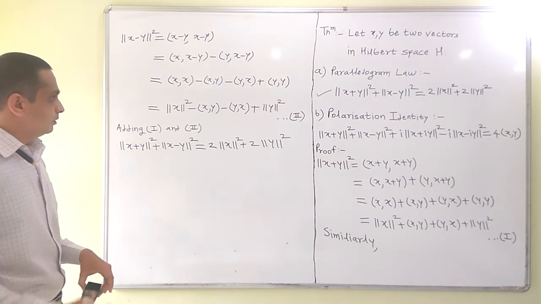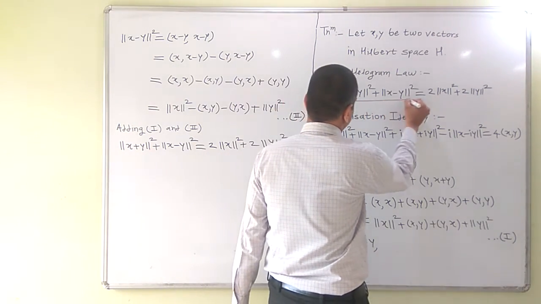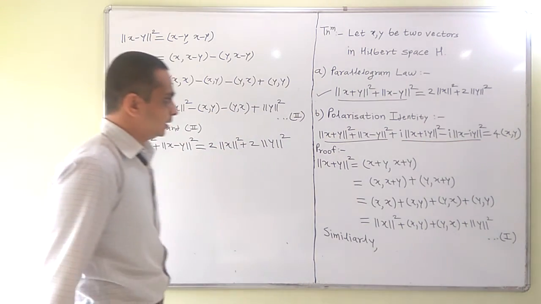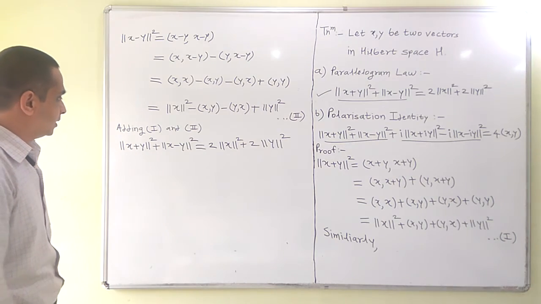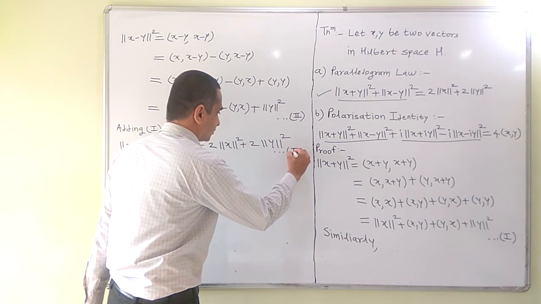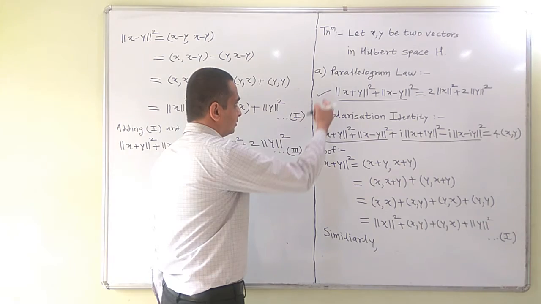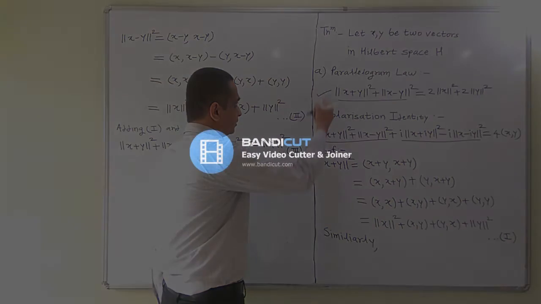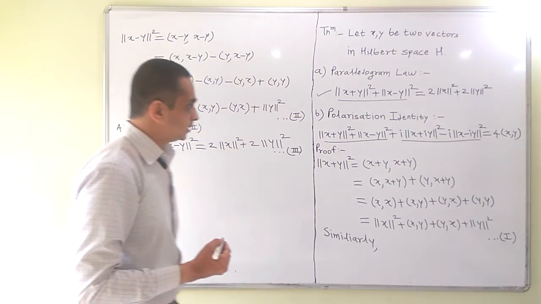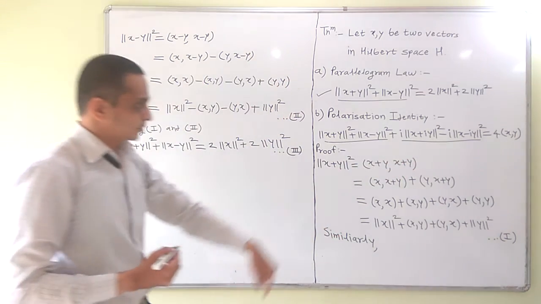Now we want here additional two terms. Two terms are already here, so we want these additional terms. Say this is third statement. We are proving polarization identity. To prove polarization identity, we have to obtain these two terms.